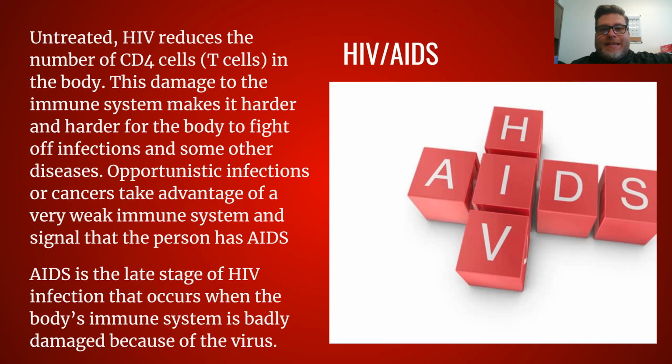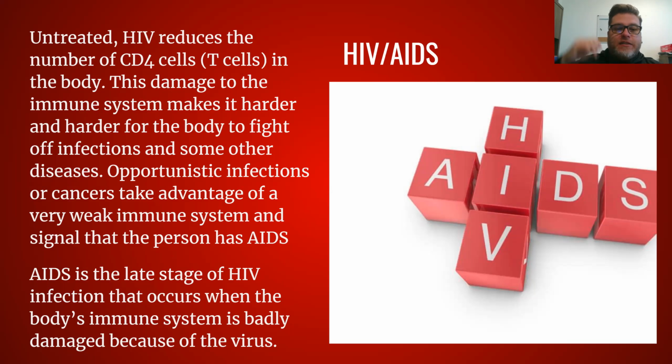Your body has the inability to fight off other infections, and so everything you come in contact with, you get because you can't fight it off. We call these opportunistic infections because you got it because you don't have an immune system left, pretty much.